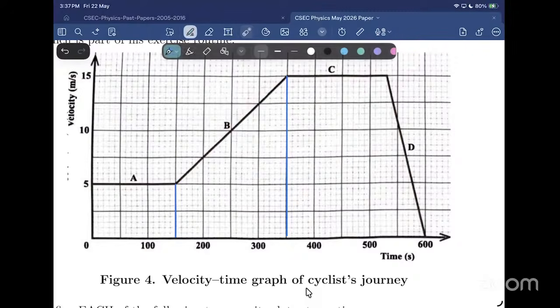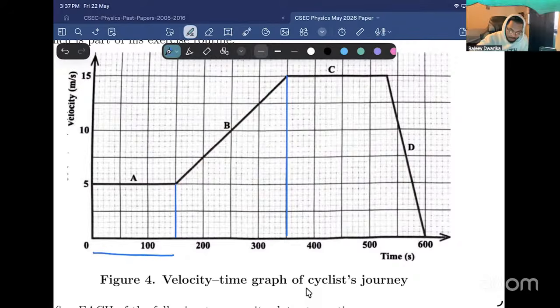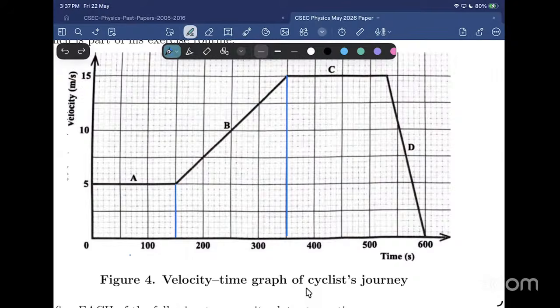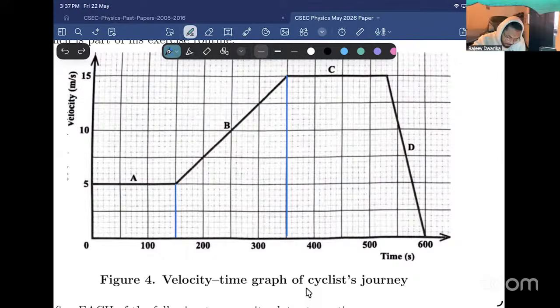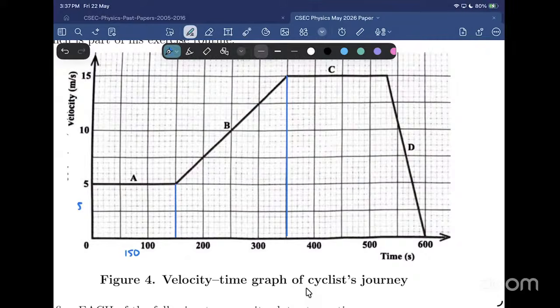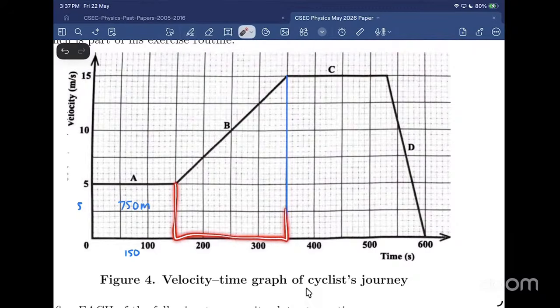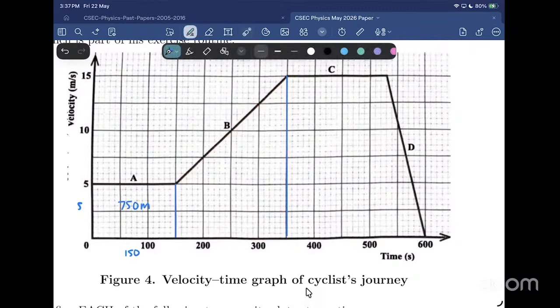So what would this dimension here be? That would be 150. And this is 5. So the area will be 750. What shape is this? Trapezium, right?